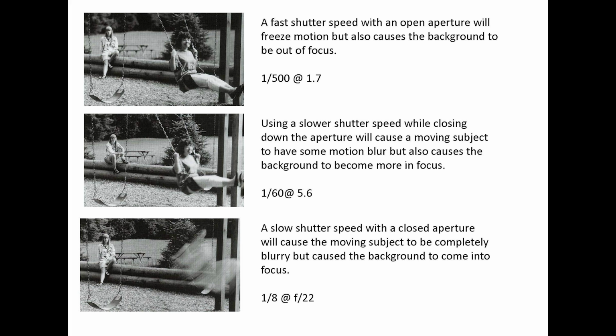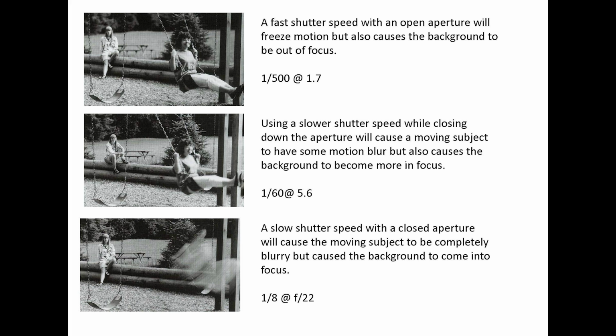The second photo is shot at a 60th of a second at f5.6. This is kind of a mid-range. The background is starting to get in focus, and the person on the swing is starting to go blurry. So it's really kind of right in the middle.